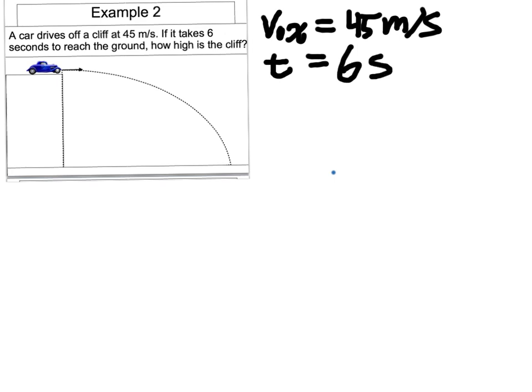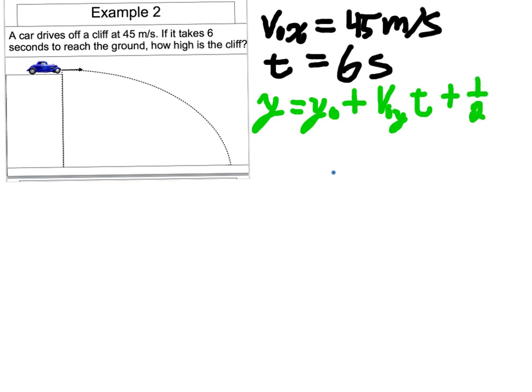And I know I'm dealing with height, so at some point I have to have a distance come into play. And remember, I've said before my favorite equation when it comes to distance, x equals x0 plus v0 t plus 1/2 at squared. So I'm going to write out the version of that equation for y. y equals y0 plus v0 in y times t plus 1/2 the acceleration in y times t squared.